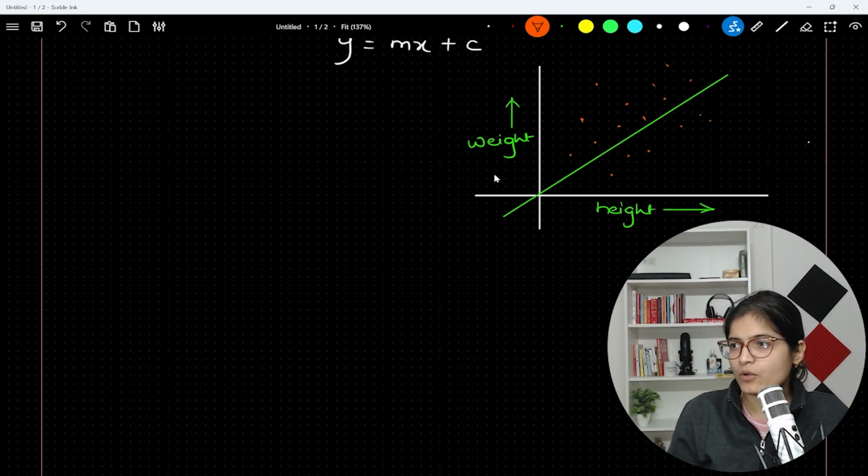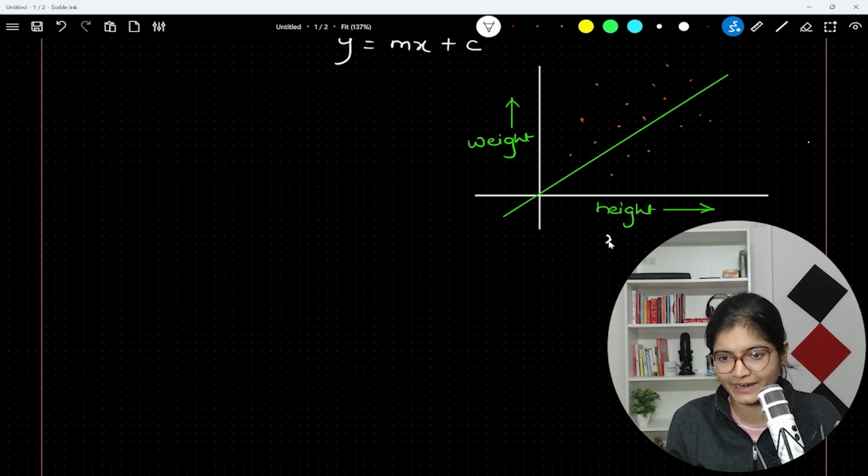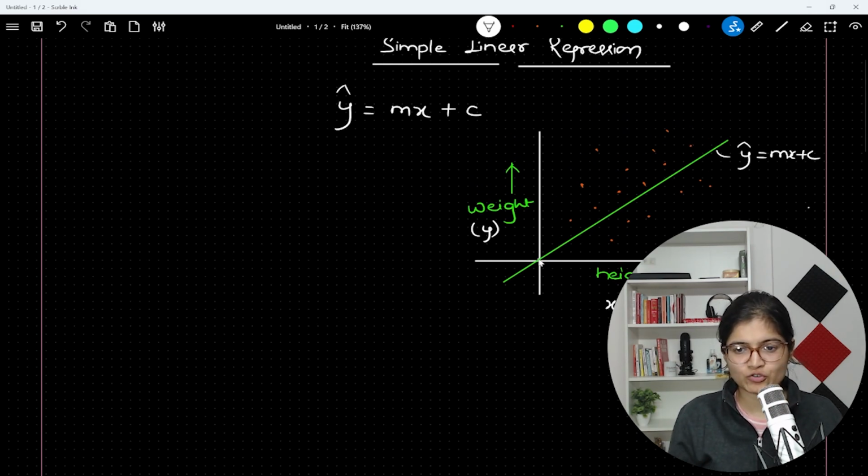So here, if we observe, we will be having only one x, which is height. And this is y, which we want to predict. So this is the y cap, the line which demonstrates a best fit line, which is equal to mx plus c, where this c is as of now seems to be 0.